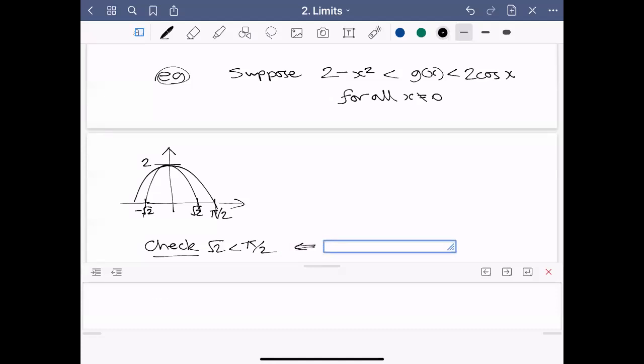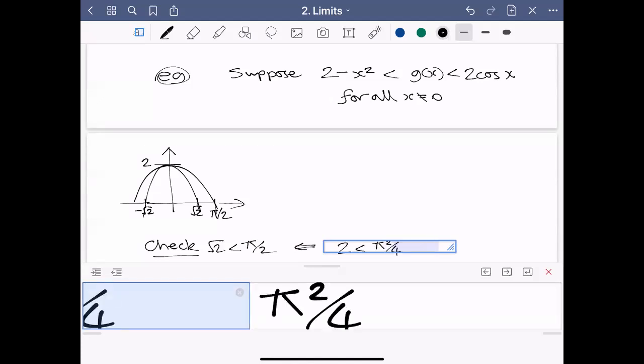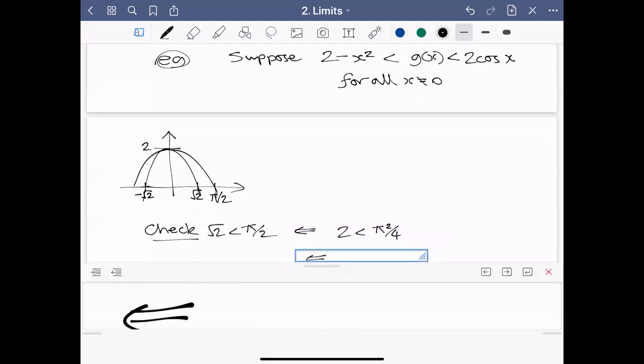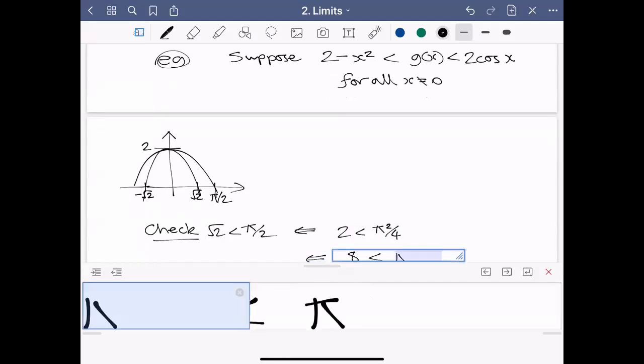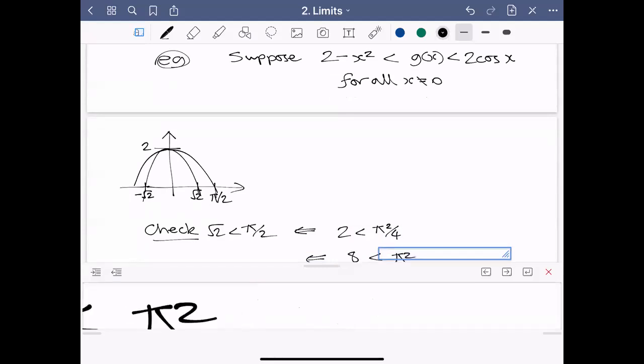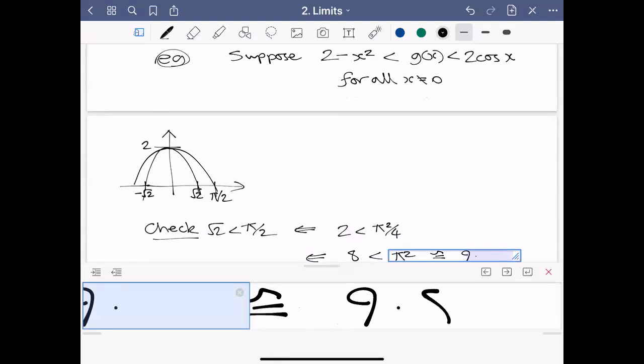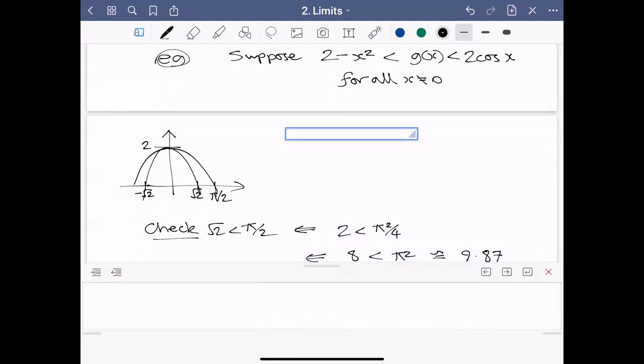Well, if I take this and take square roots, then I get that fact. And that follows because pi squared is greater than 8. So in fact, pi squared is approximately 9.87. Okay.